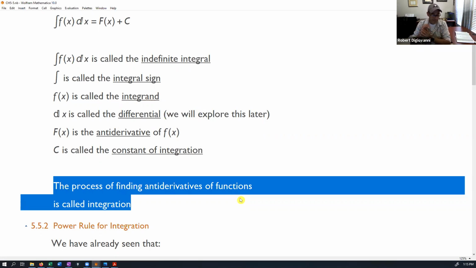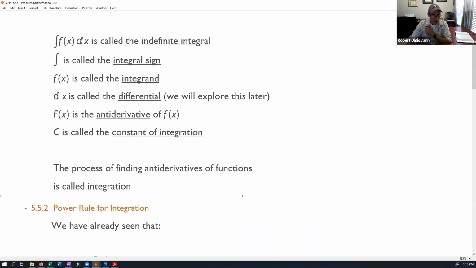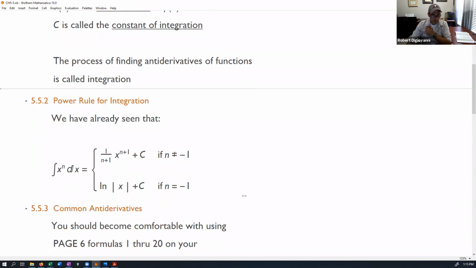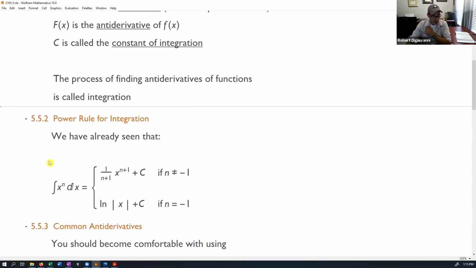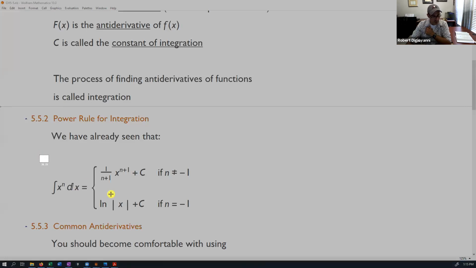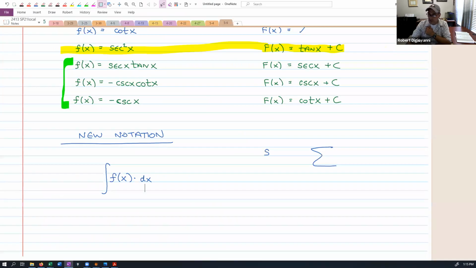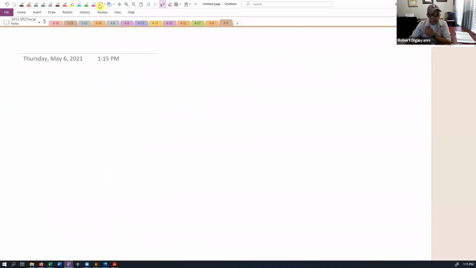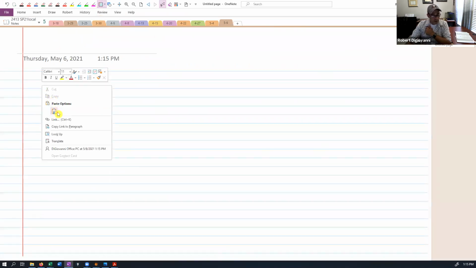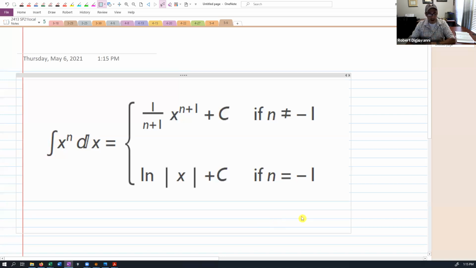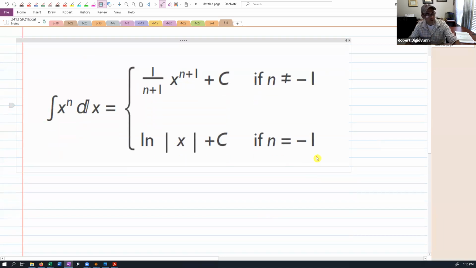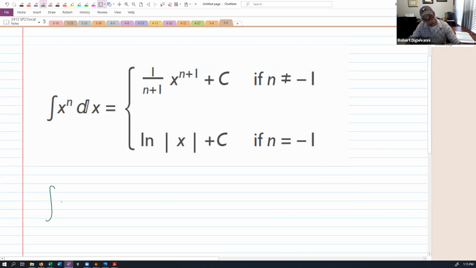All right. Now, we've already explored the power rule. I'm going to copy it because I want you to understand it the way it's written, because that's the way it's presented most of the time in a book. The power rule says that, and I'm going to write a specific example underneath, let's say we wanted the antiderivative of x to the 7th dx.